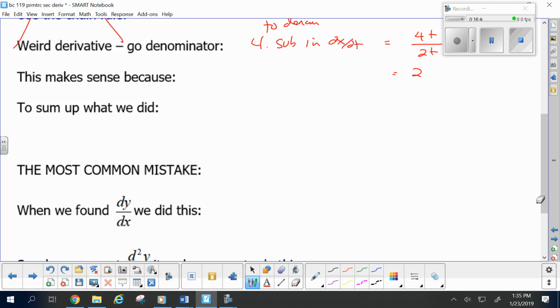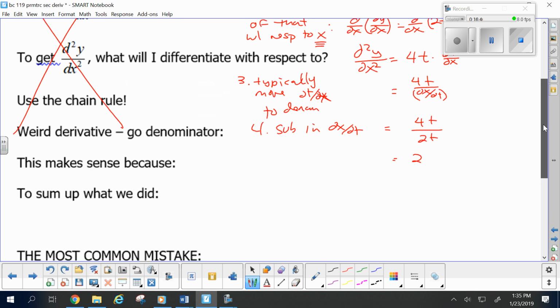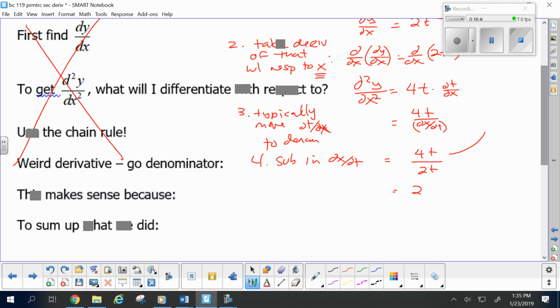In essence, what you're seeing here is really the derivative of the derivative over dx/dt. The second derivative, you might write that as a note: the second derivative is the derivative of the derivative divided by dx/dt. And the dx/dt is a chain rule outcome.